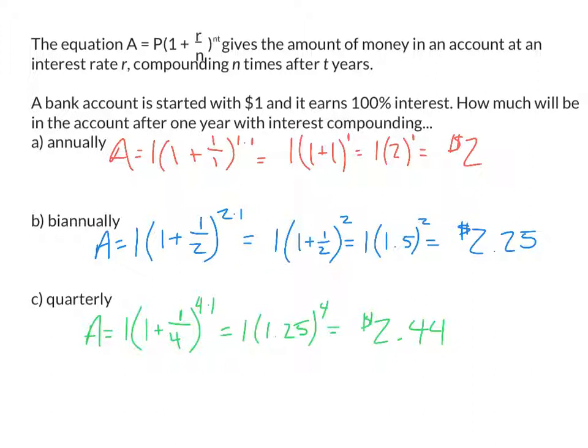Now, we know that the more often we compound, the more money we are going to get in interest. So what happens if we start compounding 8 times a year, 12 times a year, 52 times a year, and so on?